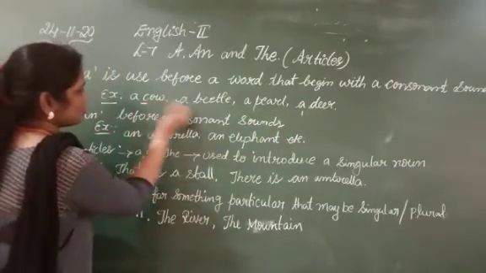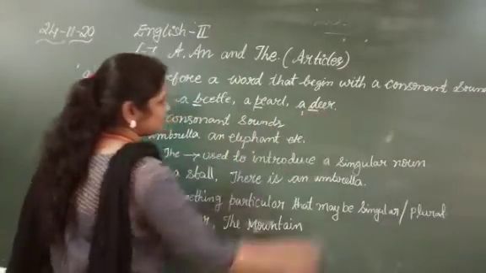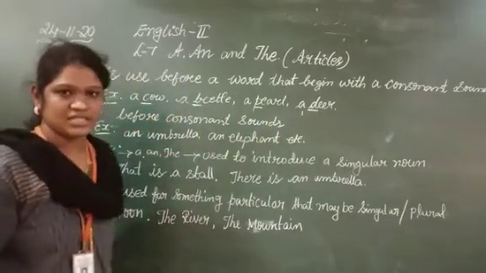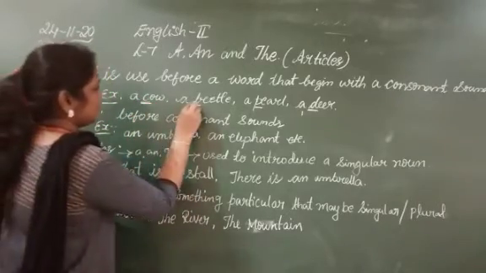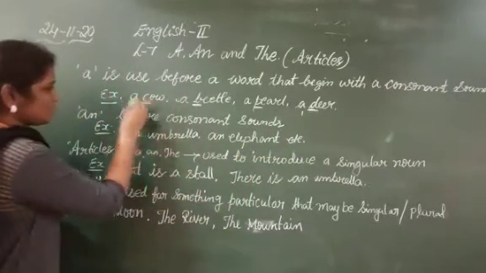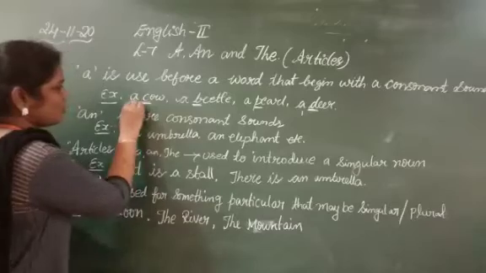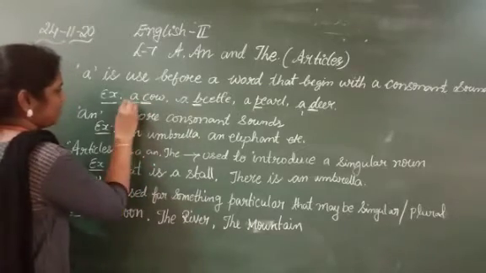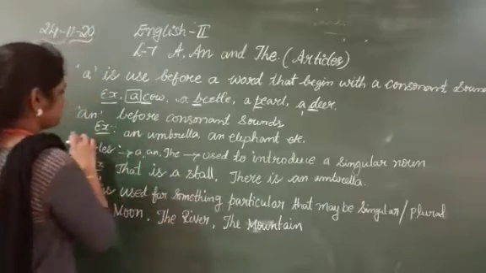See, before consonant letters: C, B, P, D. These are the consonant letters, right? So before consonant sounds or consonant letters, we are going to use a. What article are we going to use? A.